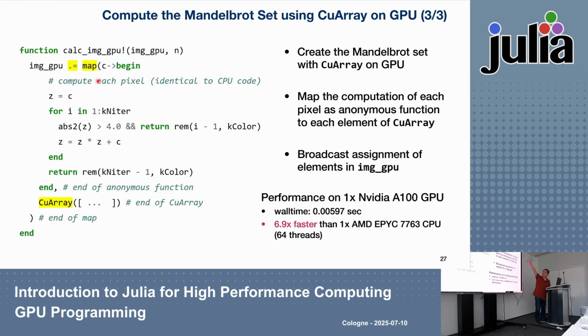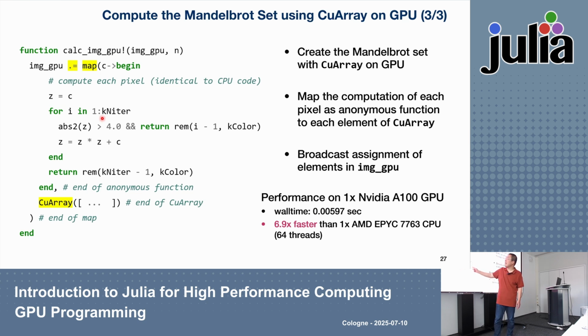And okay, this is the last slide for showing you how to do the Mandelbrot with CuArray. This looks complicated, right? But if you remember, this part is copy-paste. As you can see, identical to the CPU code. This part is copy-paste. There's nothing new. Then put this copy-paste into the so-called anonymous function.